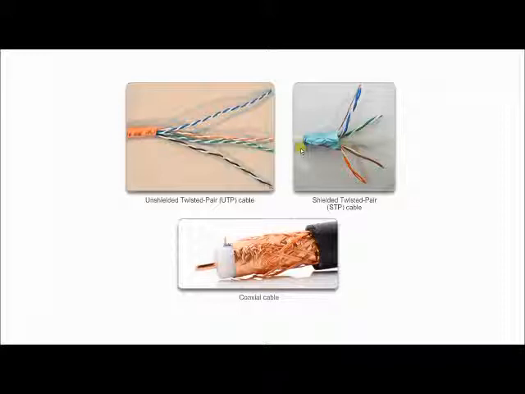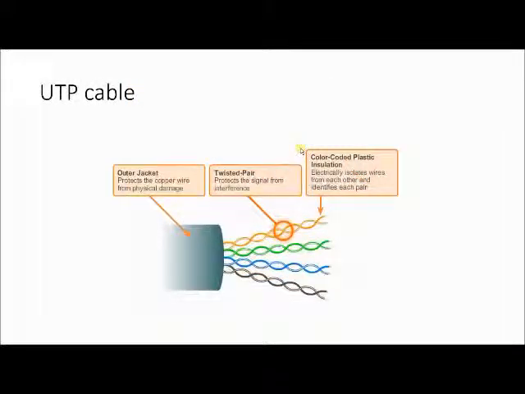There are three main types of copper media: UTP, that is the unshielded twisted pair, STP, shielded twisted pair cable, and the coaxial cable. Here is the structure of a UTP cable.